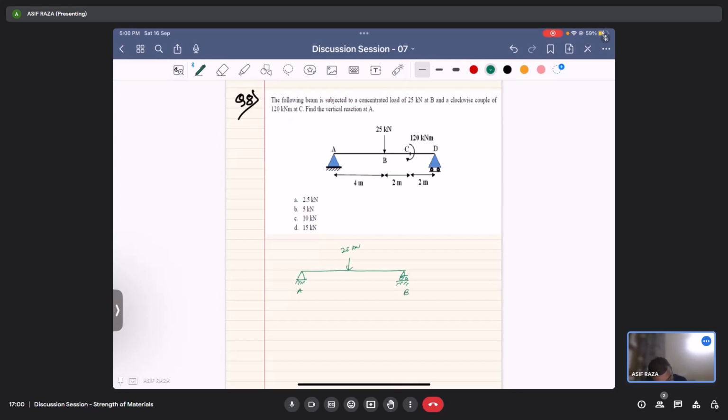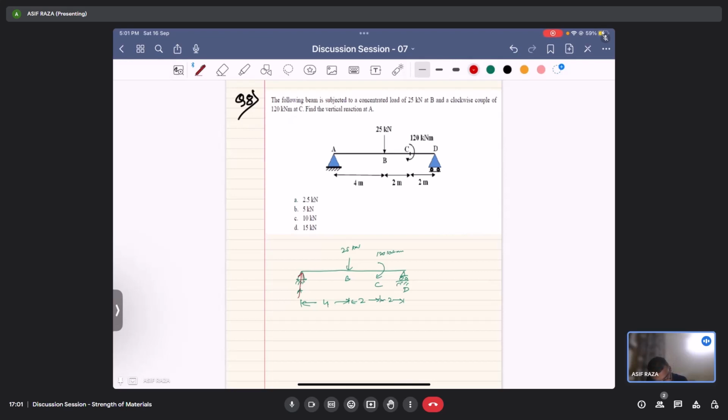A, B, 4, then clockwise 120 kilonewton meter, 2, 2, B, C, D.